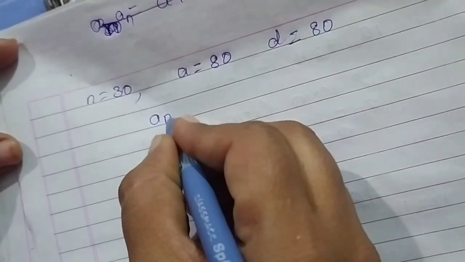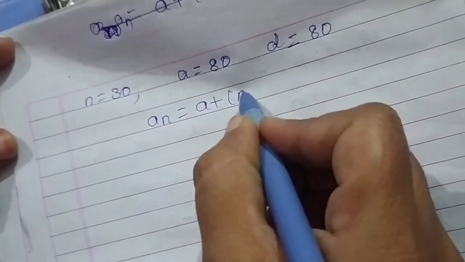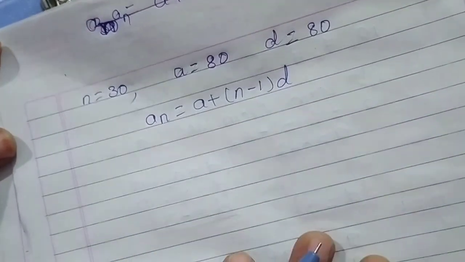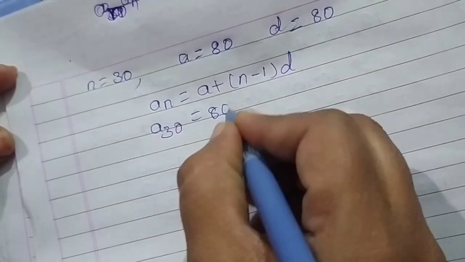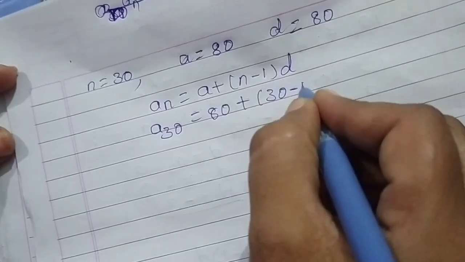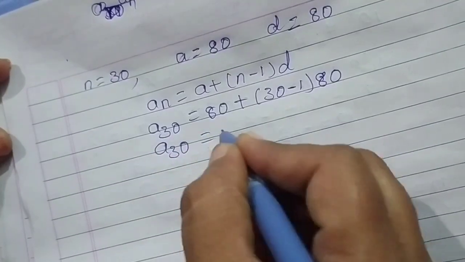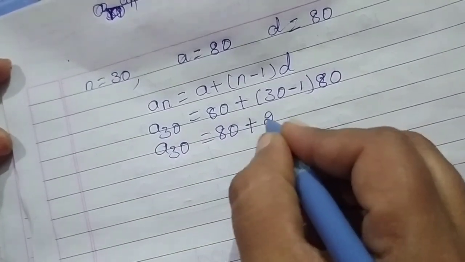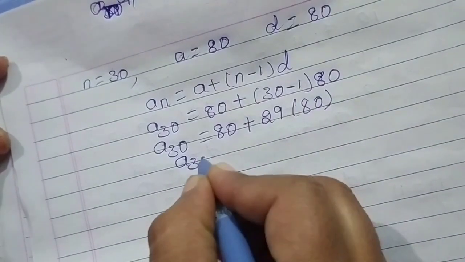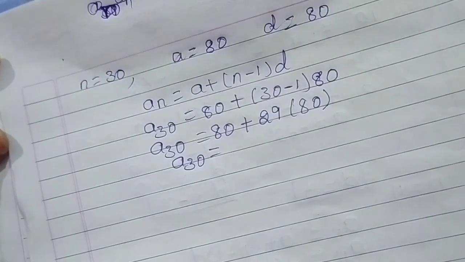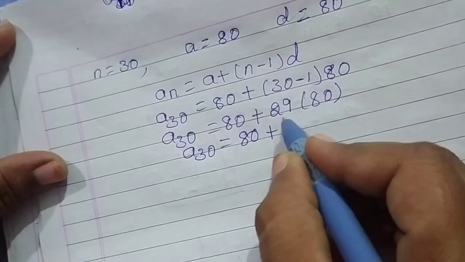That is, to find the nth term, An is equal to A plus N minus 1 into D. So substitute the values. A30 is equal to 80 plus 30 minus 1 into D, which is 80. A30 is equal to 80 plus 29 into 80.